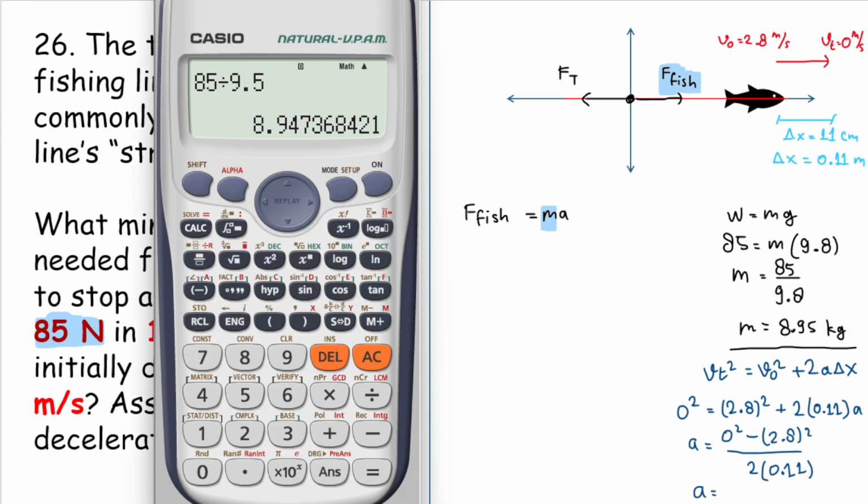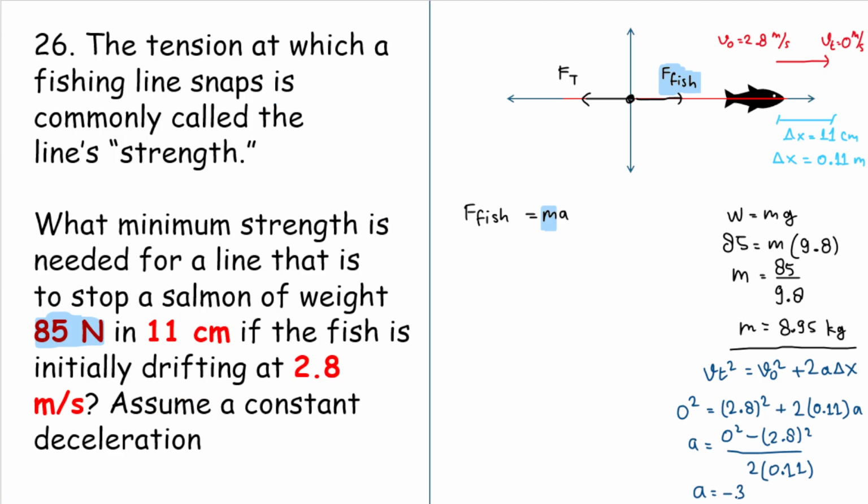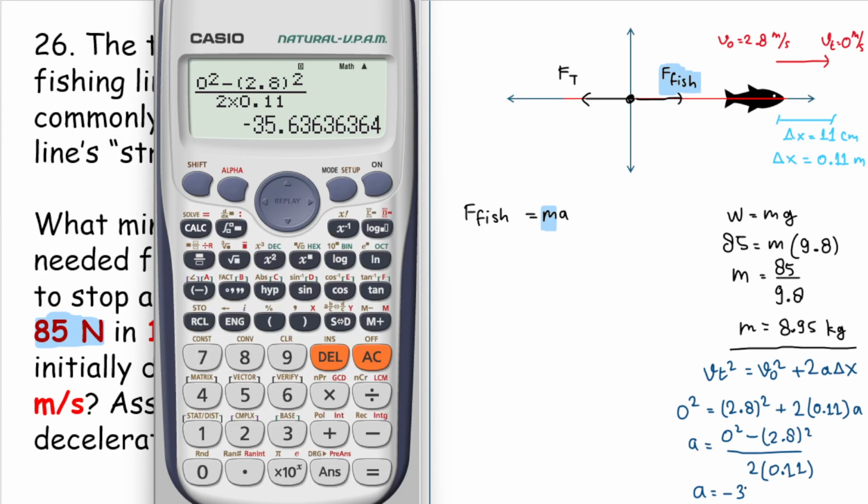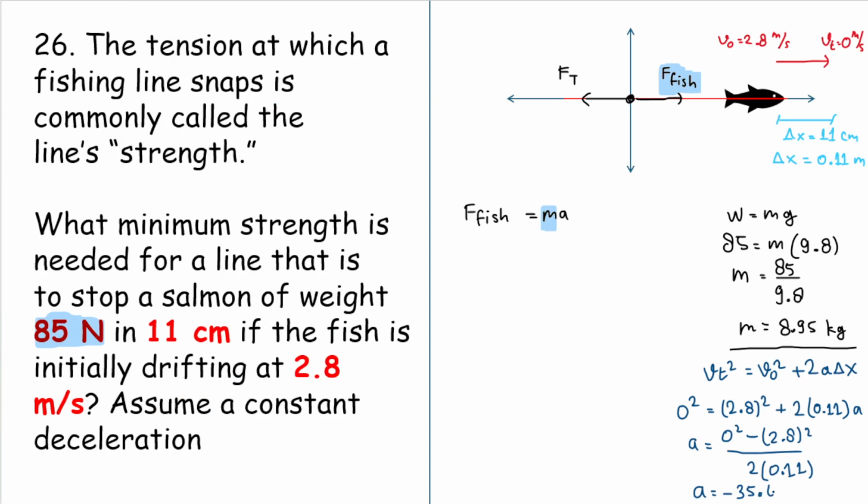Let's calculate that. 0 squared minus 2.8 squared, divided by 2 multiplied by 0.11. We will have minus 35.64, and the unit here is meters per square second.